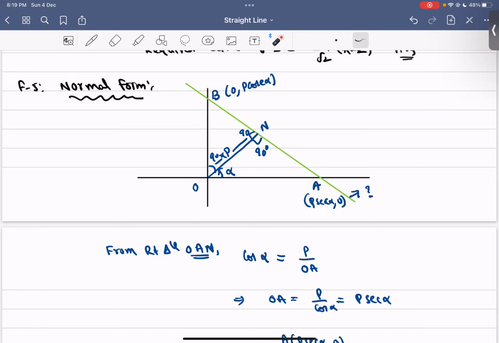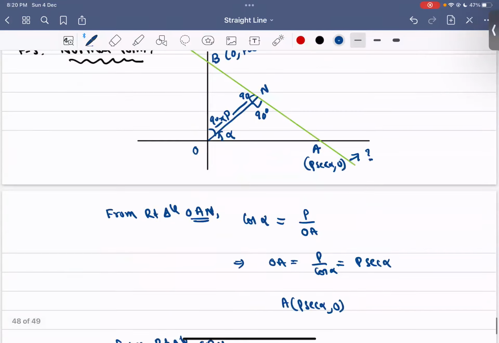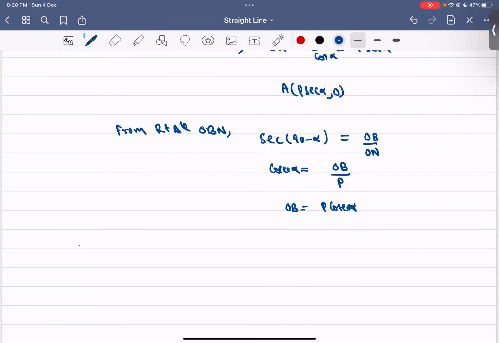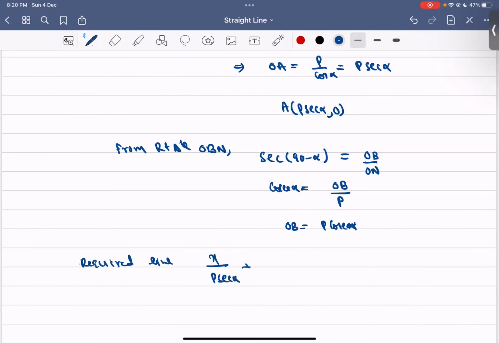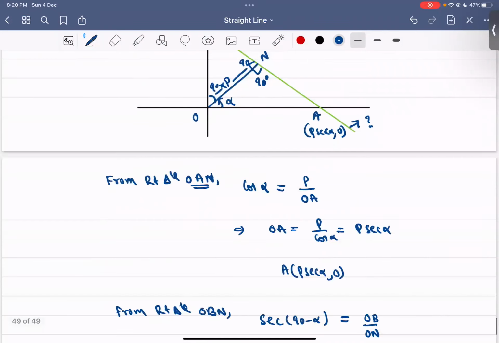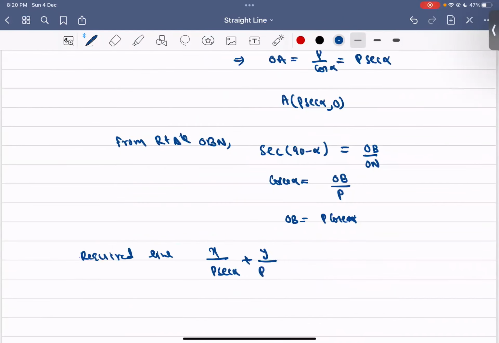Already we have seen if the x-intercept is A and the y-intercept is B, then the equation of the line is x by A plus y by B equal to 1, the two intercept form. So now the required line is x by P secant alpha plus y by P cosecant alpha is equal to 1.